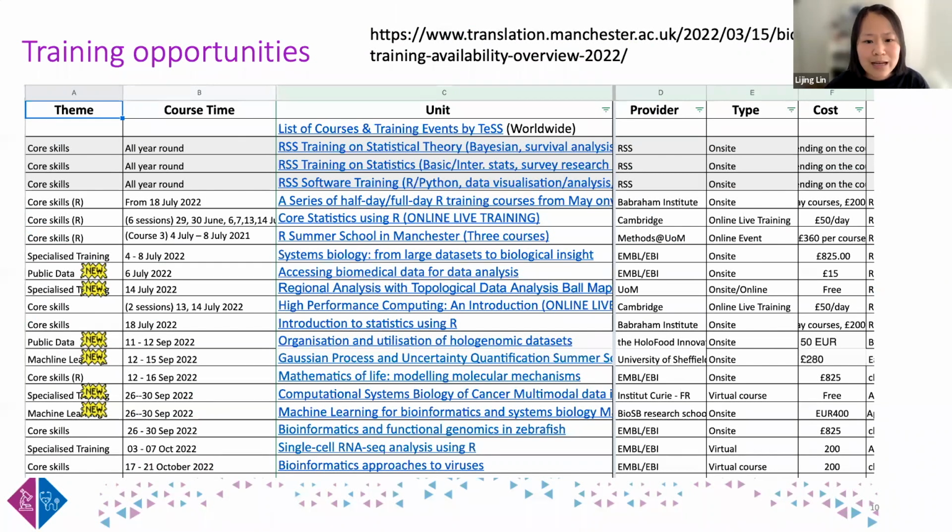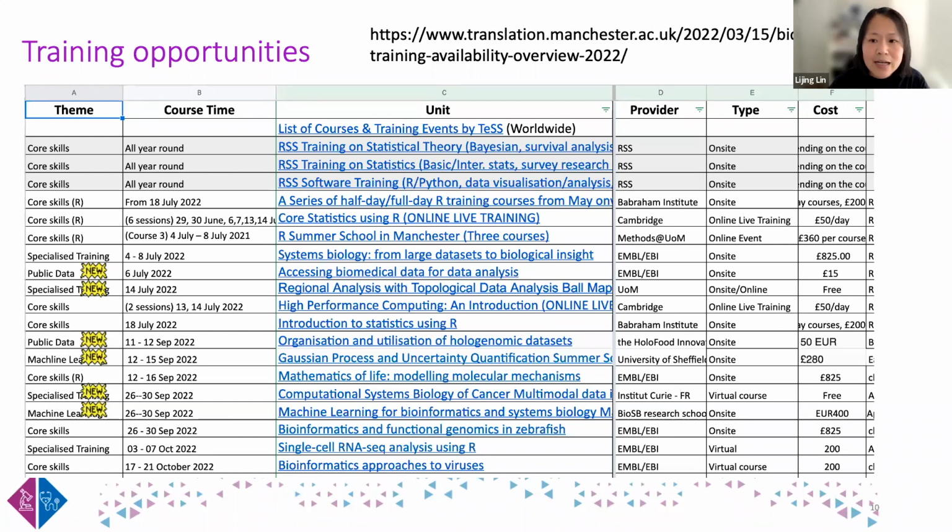Different from our informatics training scheme, you will know later, this is often short-term courses, including both core skills needed or more specialized training. As you can see, for some of the courses, costs are required. So again, different from the informatics training scheme, you will need to source your own funding for attending these courses.